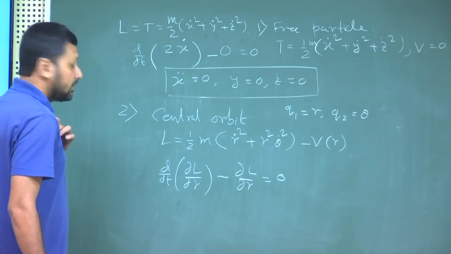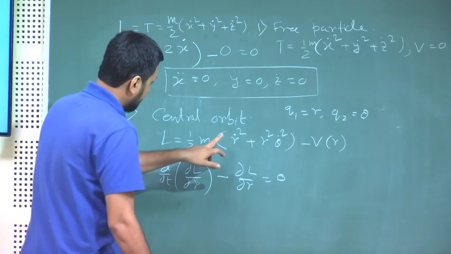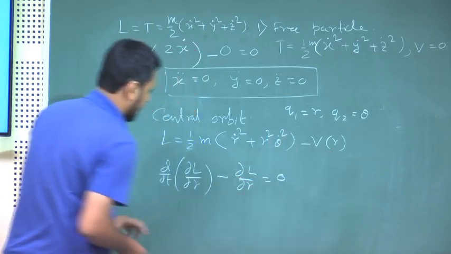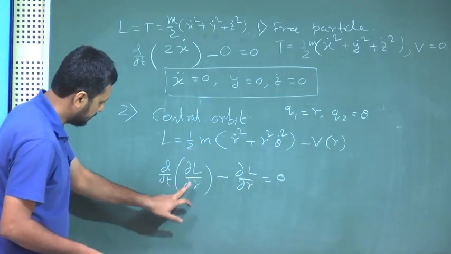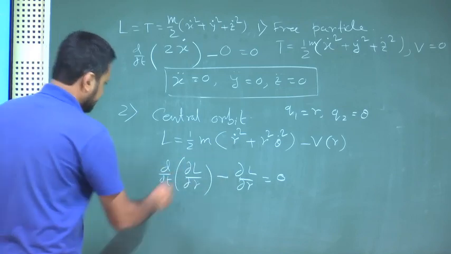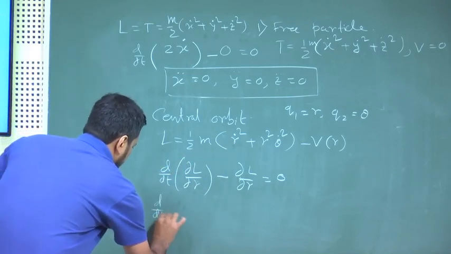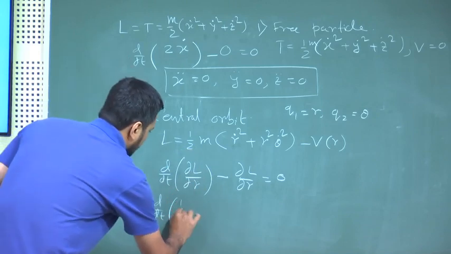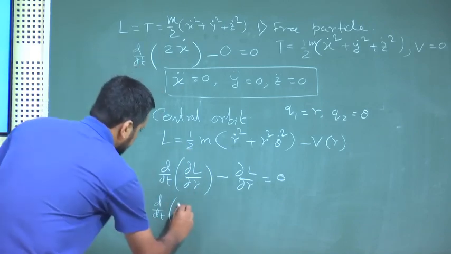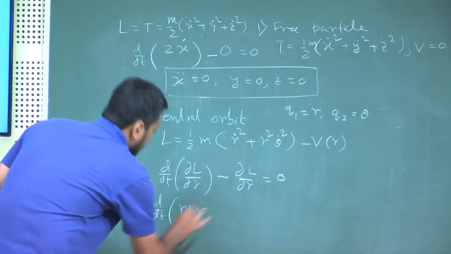Now, what is del L del r dot? We have one r dot here, and what is a function of r dot? Only the first term. So, the first term will give you d/dt of half, the half will cancel out, it will be m r dot.